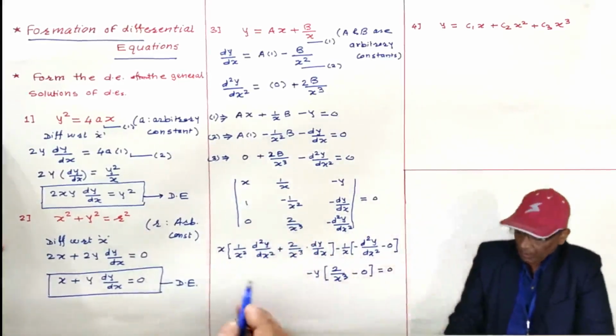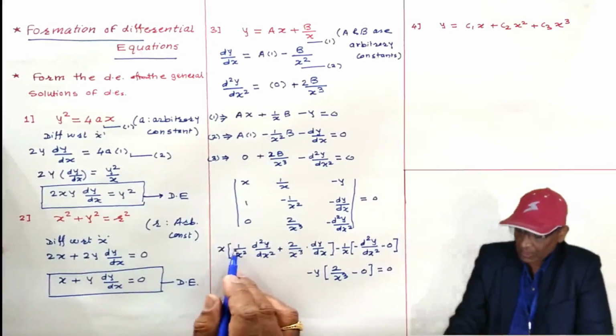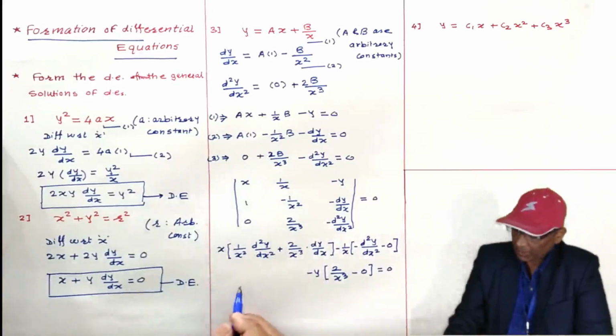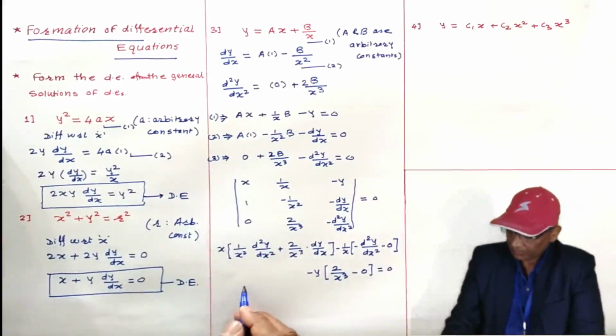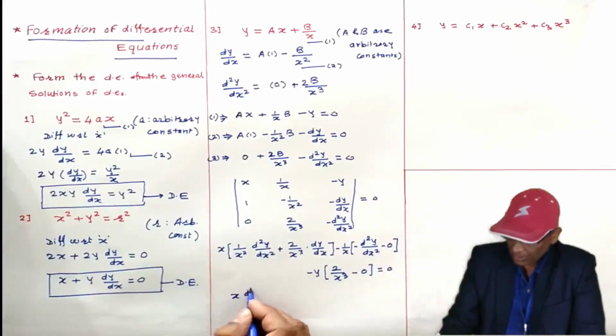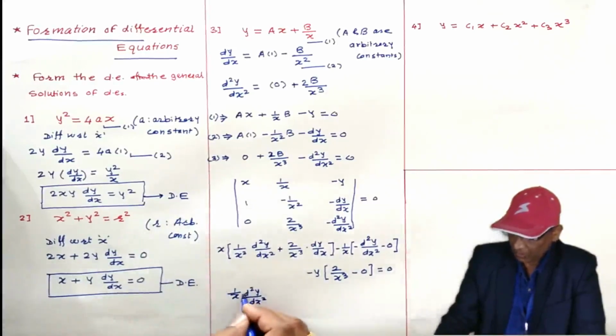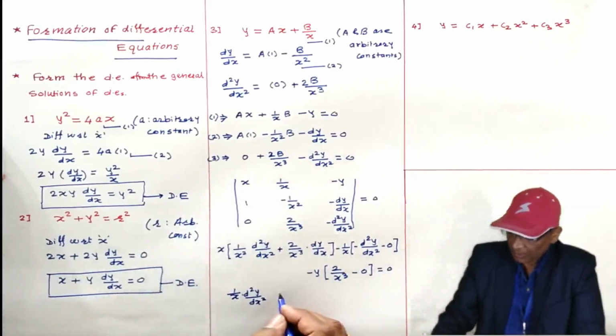Okay. Now try to simplify. Here x d2y by dx square, I am writing x d2y by dx square. See, this is x by x square is 1 by x. 1 by x d2y by dx square.